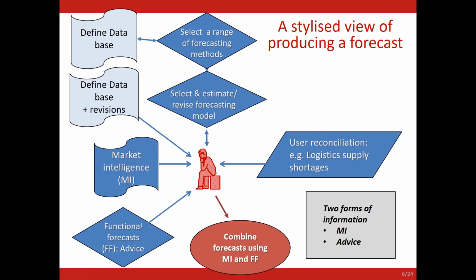Okay, but once you've got the software operational with a range of methods, you need to select which of those methods you're going to use and then estimate the model. Well, actually, that's mostly pretty easy. It's easy because that's done by the software. Some software developers have decided how that's to be done.